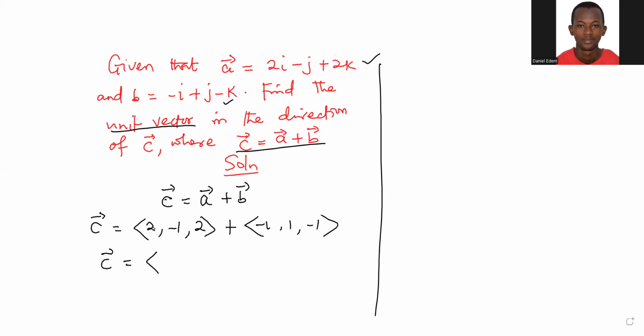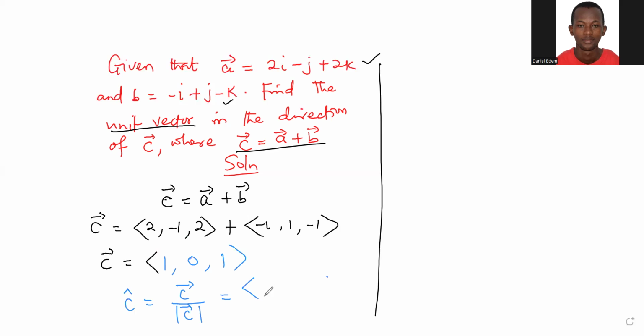So, 2 plus minus 1 is 1. 1 plus minus 1 is 0. Then 2 plus minus 1 is 1. But don't forget that we have to find a unit vector, and the unit vector is my C cap is equal to the vector over the magnitude of the vector.